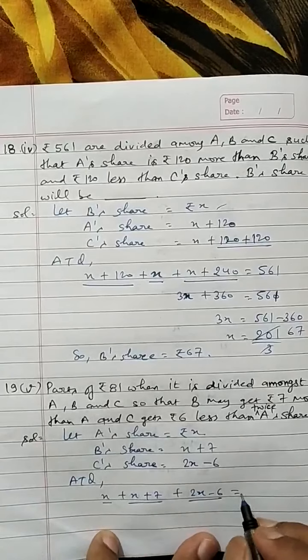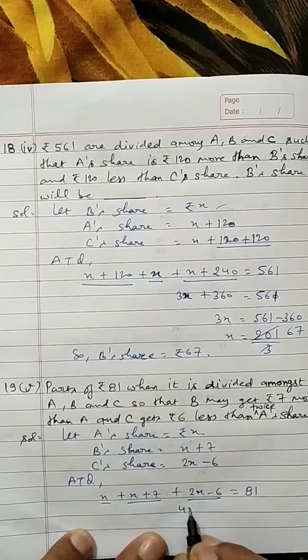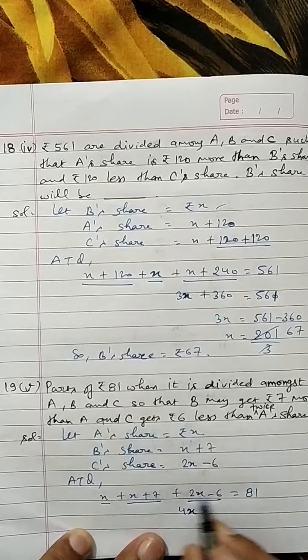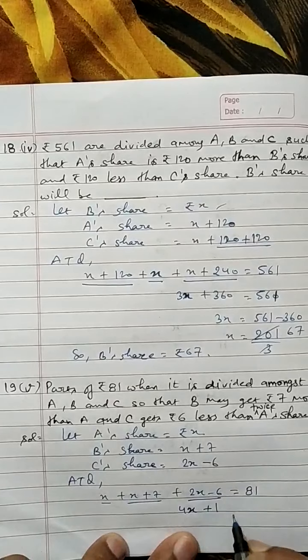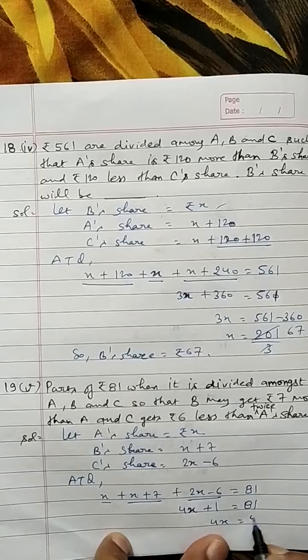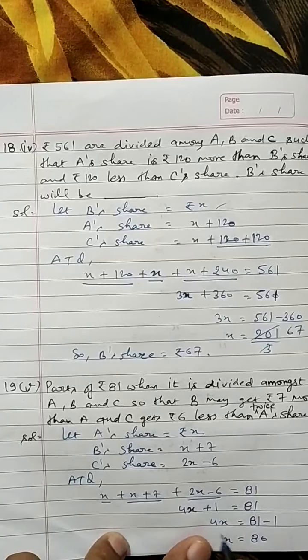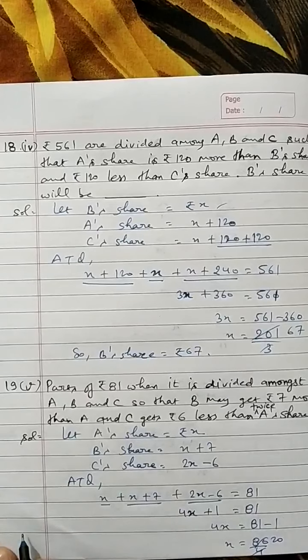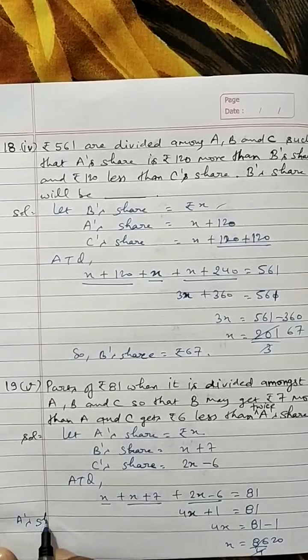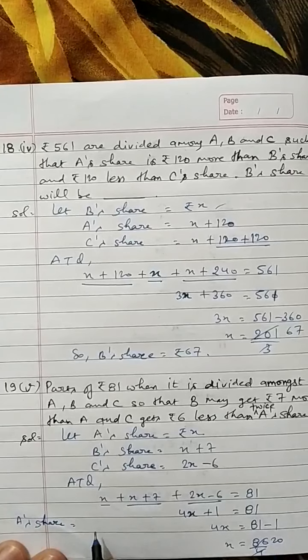On adding these three, we get 81. X plus X plus 2x gives you 4x. 7 minus 6 gives you plus 1. This plus 1 goes to the right hand side and becomes minus 1. So it is 80. This 4 comes down, 4 20s. Okay. So A's share equals rupees 20.